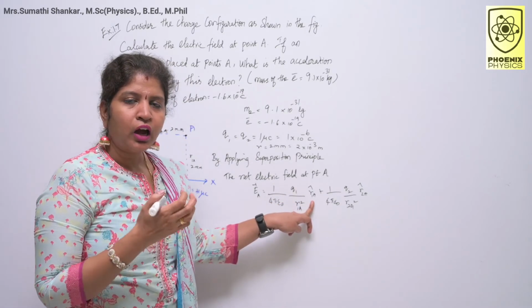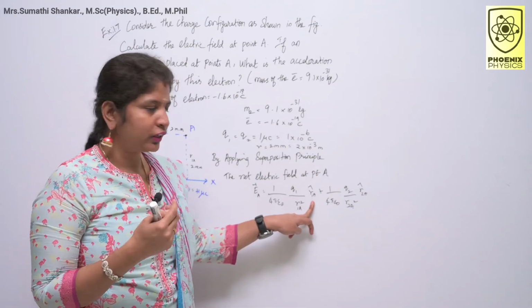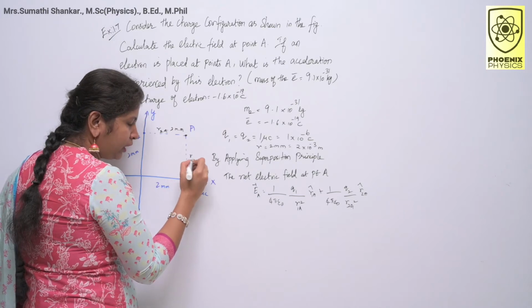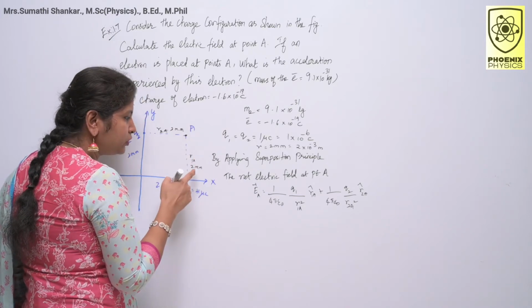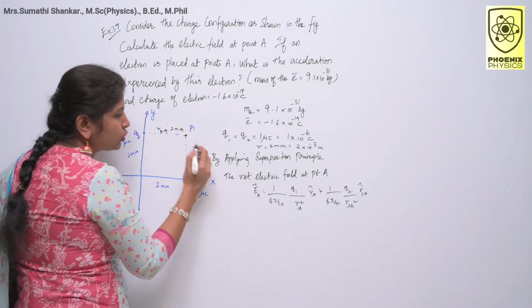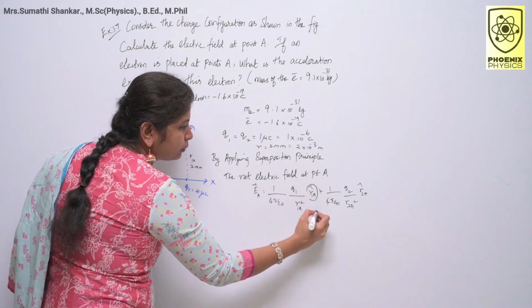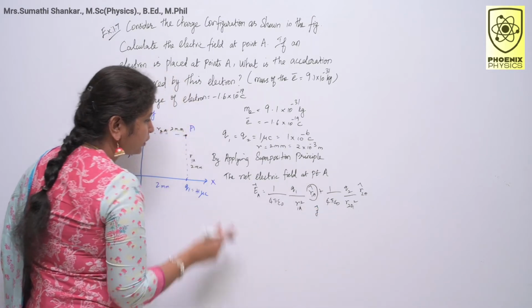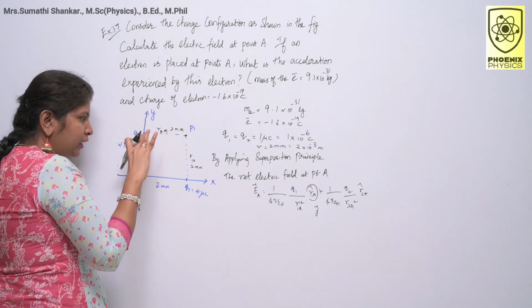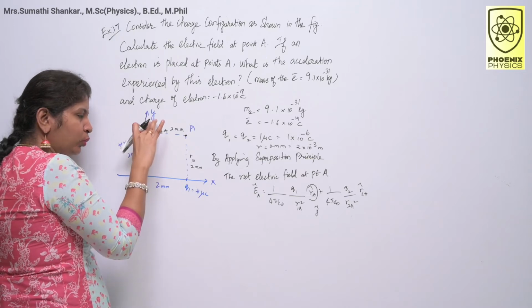Now, R1A cap is nothing but the unit vector. Here which one is our R1A? This is our R1A. R1A cap means this direction. This direction is parallel to Y, so R1A cap is nothing but J cap, because this R1A is parallel to this portion. This line is on the Y axis.